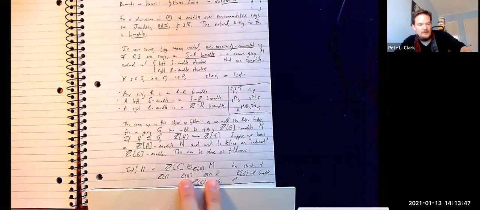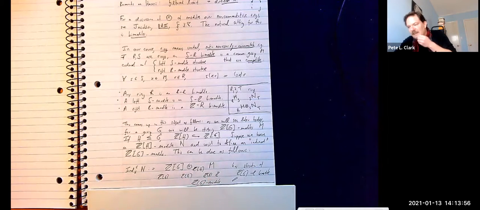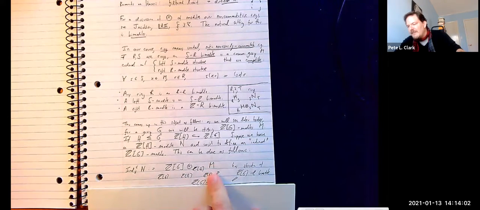Here, we can take this tensor product because we have a bimodule where the second ring is ZH, and here we have a bimodule where the first ring is ZH. So we take the tensor product, and they go away, and we're left with a ZG-Z bimodule, which is the same as a left ZG module. We'll talk about this in more detail.